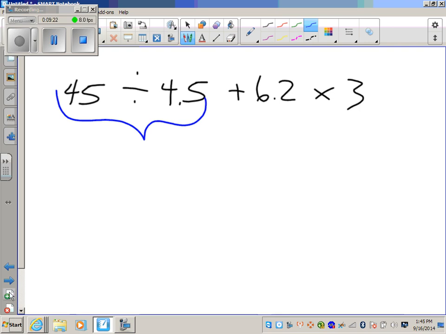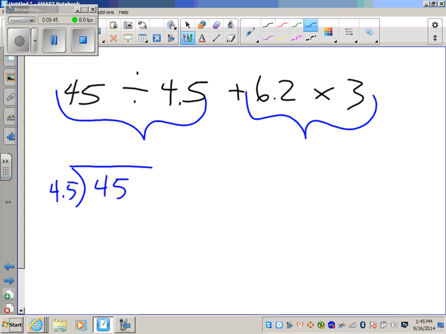Addition is going to be last because my only other operation is multiplication. Okay, now think about this: 45 divided by 4.5. As I set this up, which one goes on the outside, which one goes on the inside? 4.5 goes on the outside. Very good.